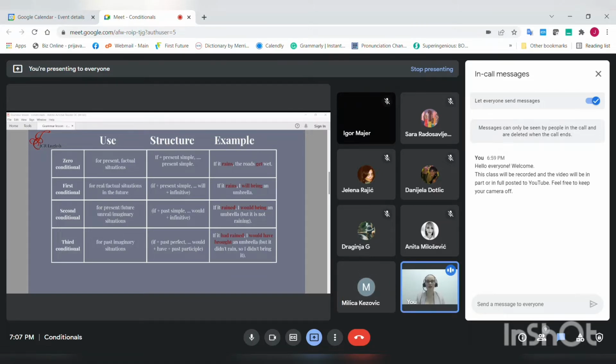In this case, we are using the present simple in the if clause, and the present simple tense in the second clause as well, because we are talking about facts. So once again, if we eat unhealthy food, our health is ruined, right? Yes. Can you say that again? If we eat unhealthy food, our health is ruined. There you go.